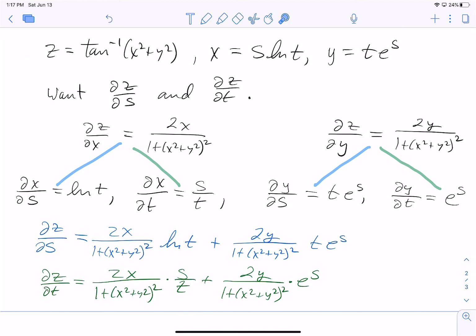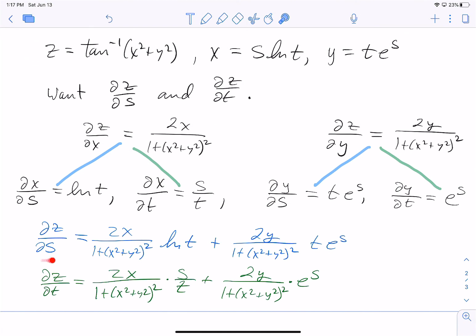And then what the colors are indicating is that we need the partial of z with respect to s. And so for that, we need partials with respect to x and y, but then ultimately we need their partials with respect to s. And so we end up with a product. And then, well, actually it's a sum of two products, isn't it?